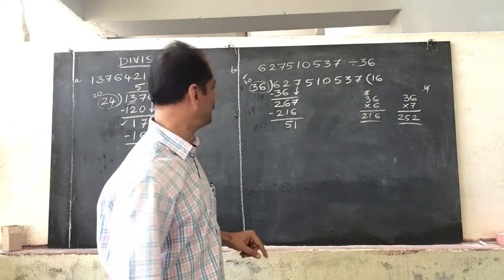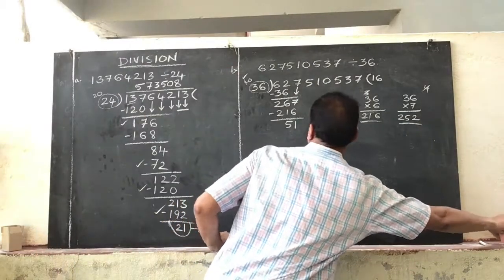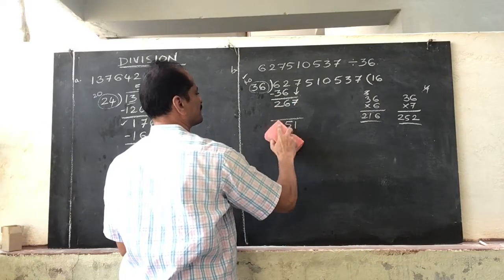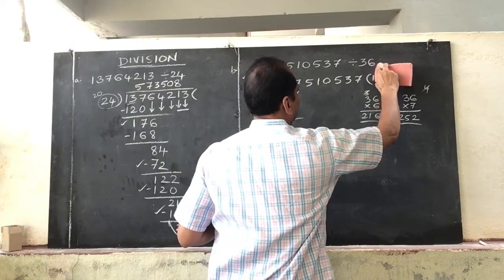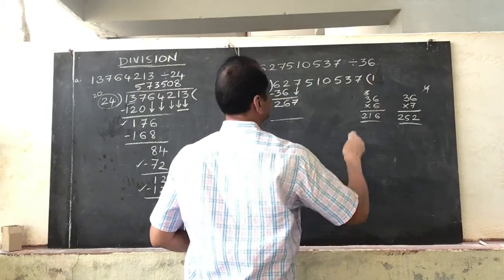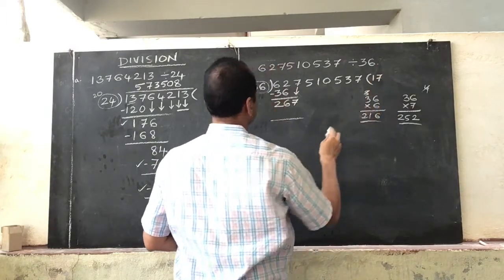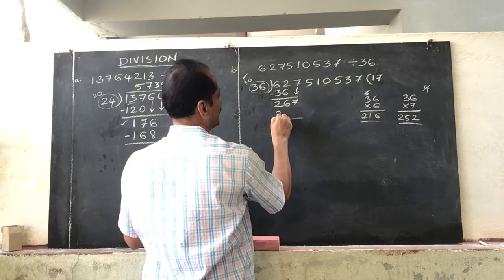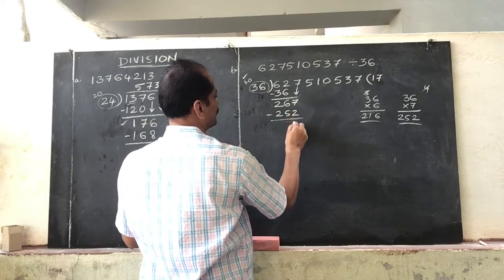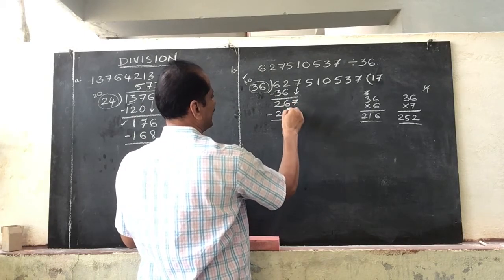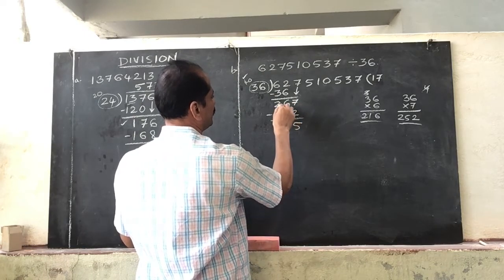Yes, it can be taken. So this was wrong. So take note of this one. Not only 6 times, it will go 7 times. So 36 sevens are 252. Remember, 7 minus 2, 5. 6 minus 5, 1. 2 minus 2, 0.